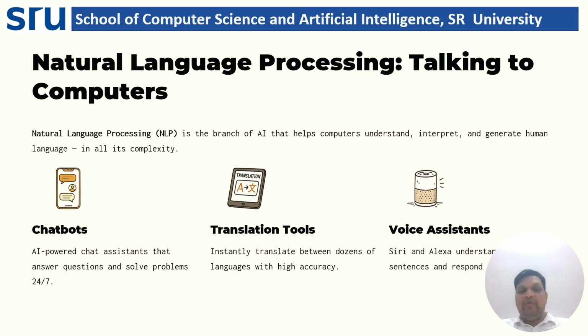Chatbots: AI-powered chat assistants that answer questions and solve problems 24/7. Translation tools instantly translate between dozens of languages with high accuracy. Voice assistants like Siri and Alexa understand your voice and respond.